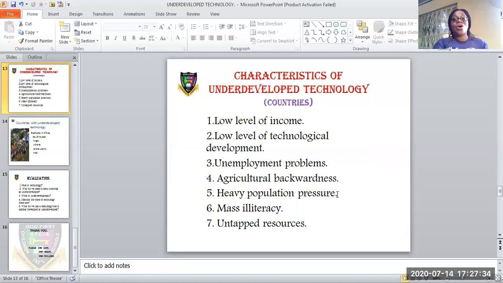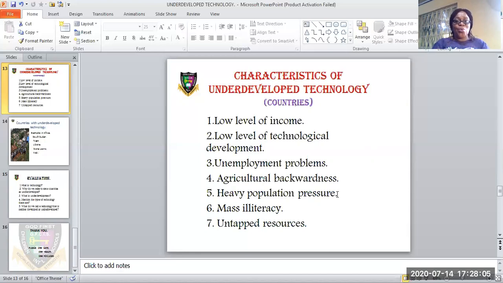Next, underdeveloped communities or countries are very heavily populated. They have a large number of people, so many people in their country or in their community. In fact, the people seem to be more than the houses, the roads, the water, the facilities they have on ground.